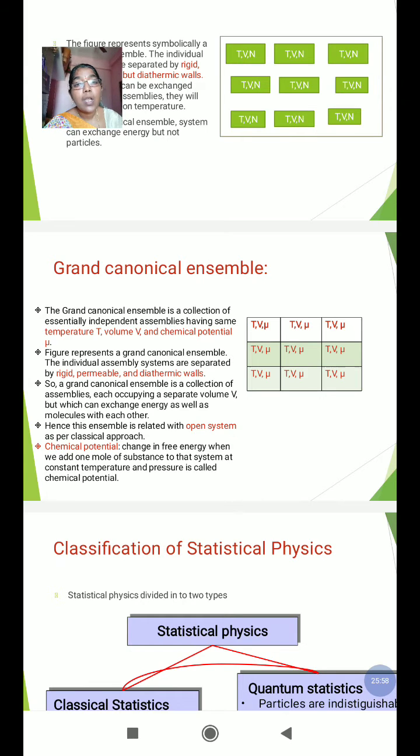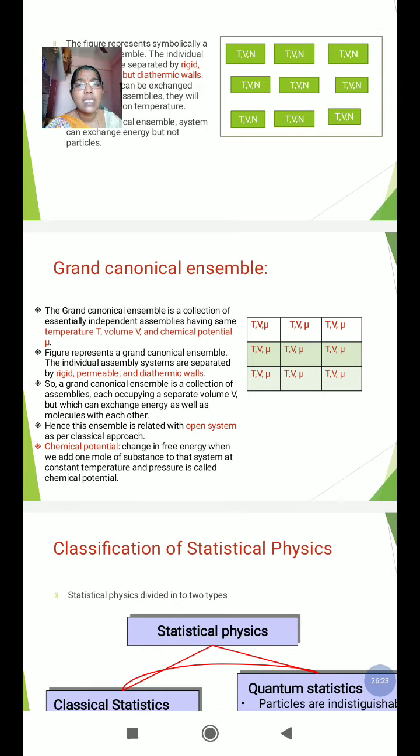So let's see what is meant by grand canonical ensemble. In this grand canonical ensemble, all the systems have the same temperature, volume V, and chemical potential mu. Chemical potential is represented with mu here, and all the systems are separated with rigid, permeable and diathermic walls.